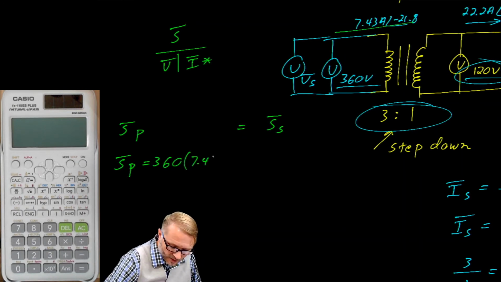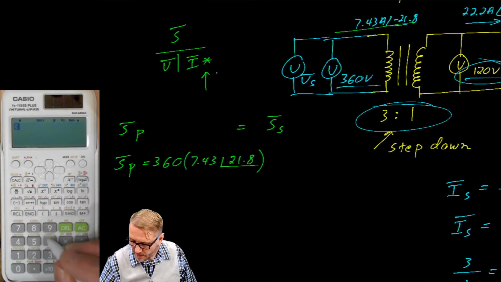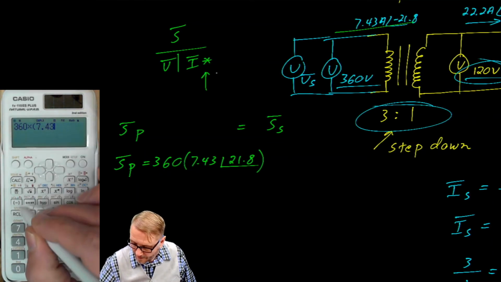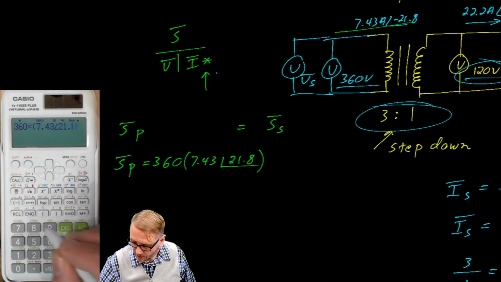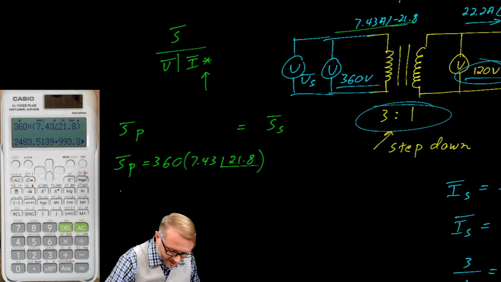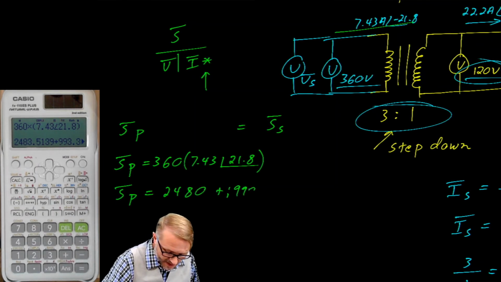So 7.43 angle 21.8 because we want to take the complex conjugate. So 360 by 7.43 at a phase angle of 21.8. So the complex power in the primary is 2480 plus j990.